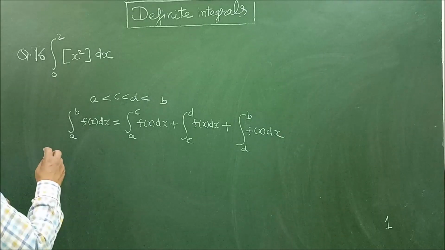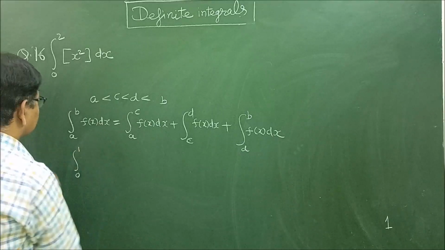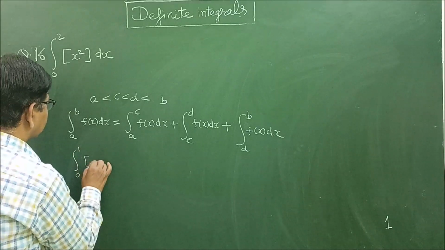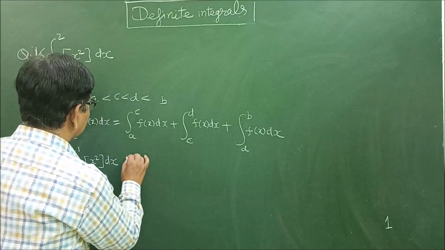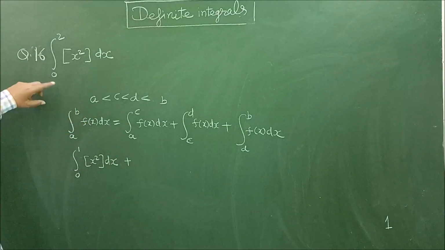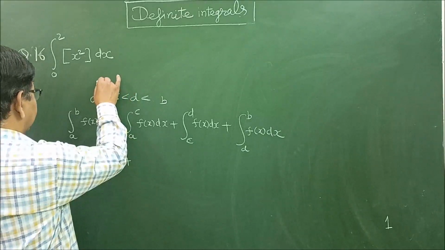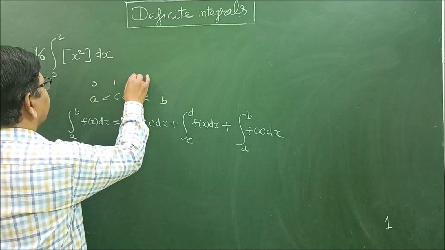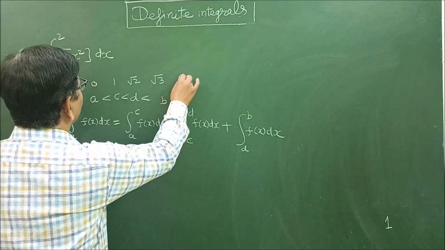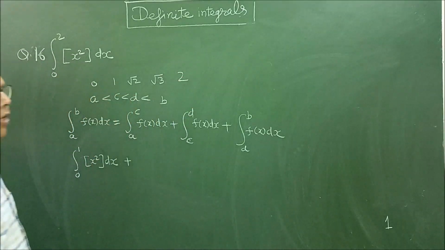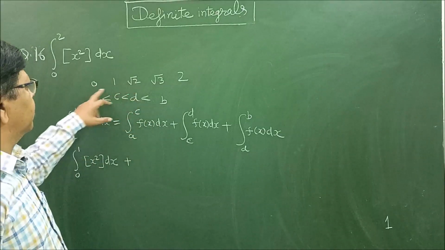So let us split this from 0 to 1 x square dx, then from 1 to under root 2, we can take the intermediate points between 1 and 2 as 1, then root 2, and then root 3, and then 2. Because the values 1.414 and 1.73 lie between 1 and 2.